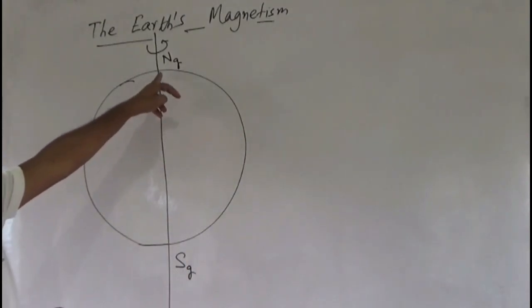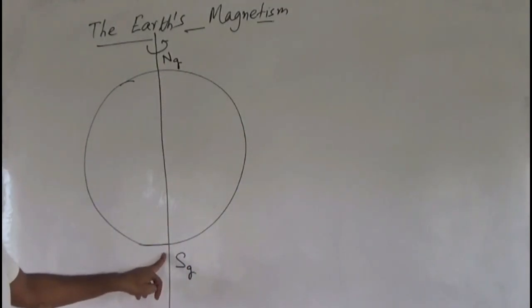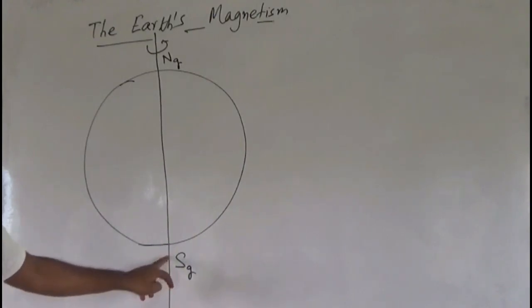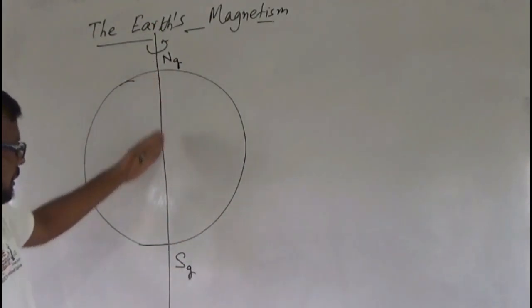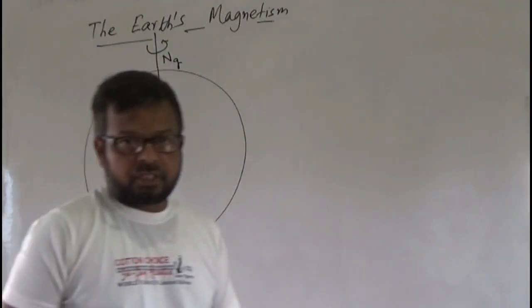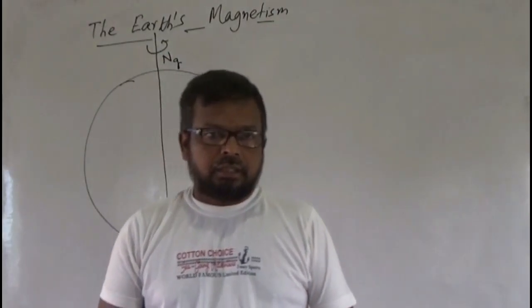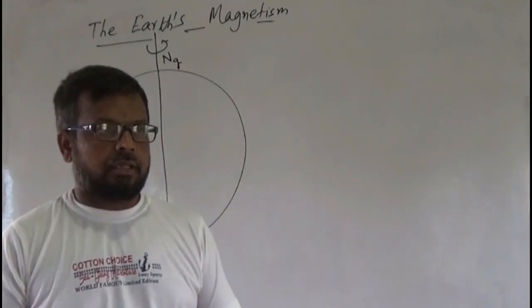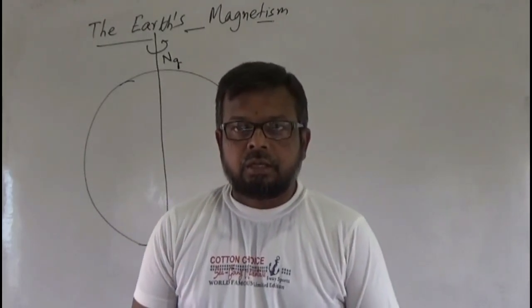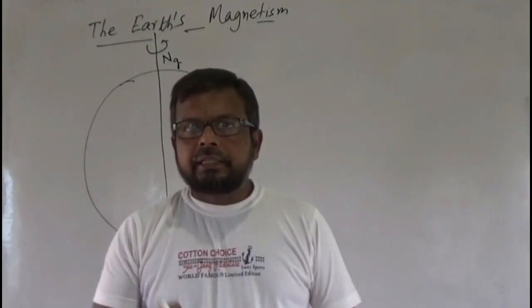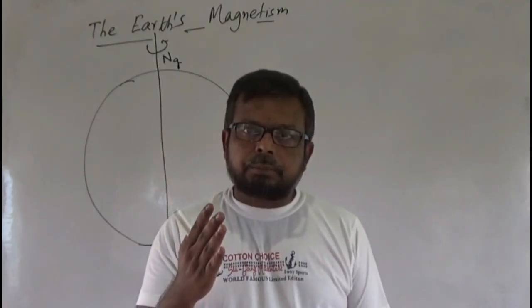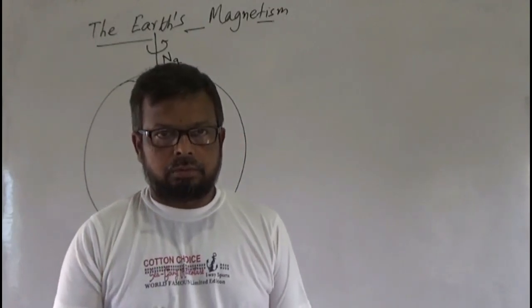This is the geographic North Pole, this is the geographic South Pole. And this is the axis of rotation, and this is called the geographic axis. We have studied this from our geography in lower classes, right?